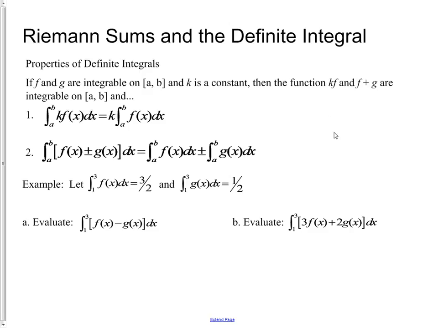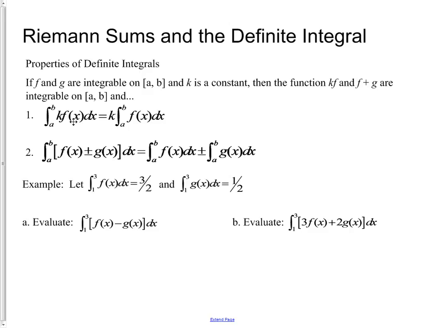Some of the rules for our definite integrals look exactly like the rules that we had for our antiderivatives, which we will deal with later. But in this case, our property says that if f and g are both integrable functions on the interval from a to b and k is some constant, then the functions k times f and f plus g, by the way, f minus g, are also all integrable on the closed interval from a to b.